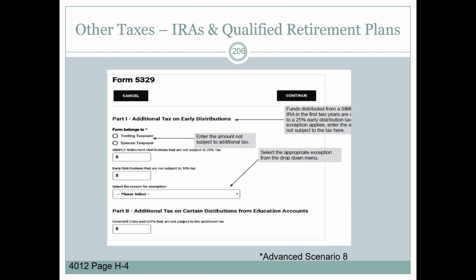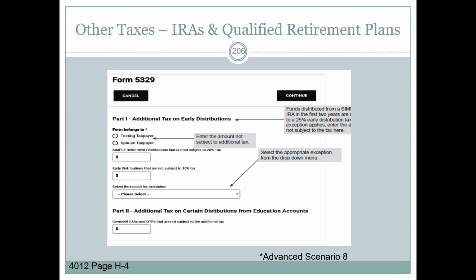What does the 5329 look like? H-4 of the 4012 shows you what the 5329 looks like. And here again, you simply answer the questions, whether it's the testing taxpayer or the spouse. You enter the amount of the distribution.